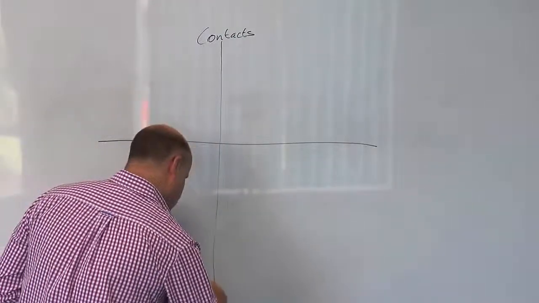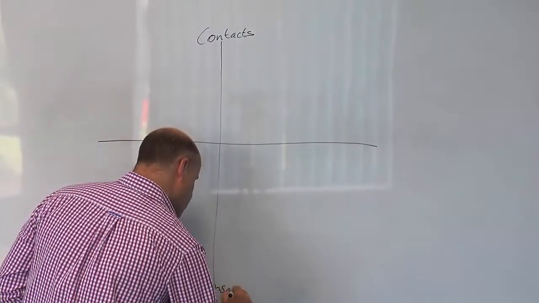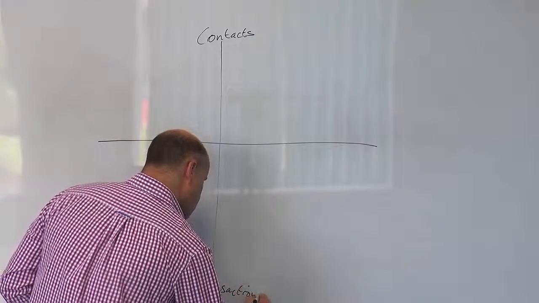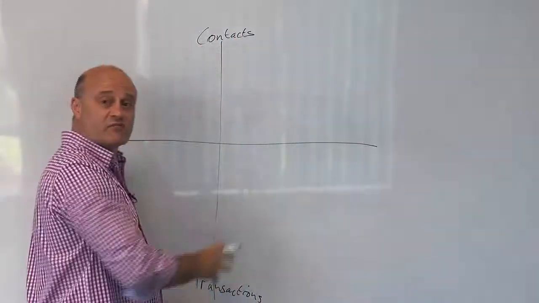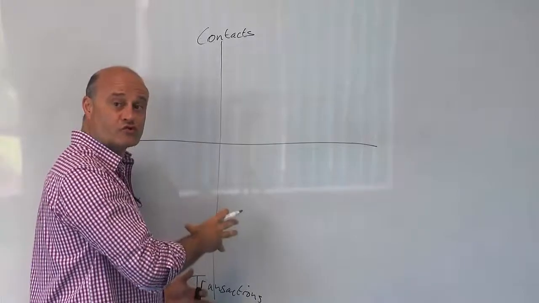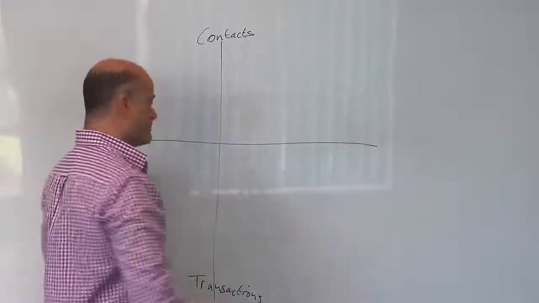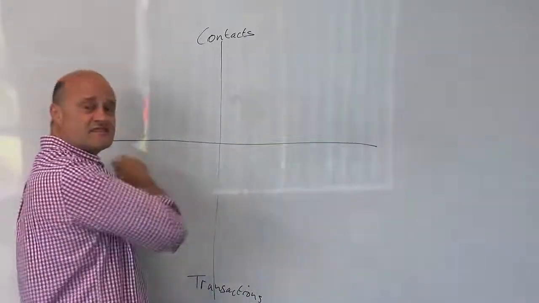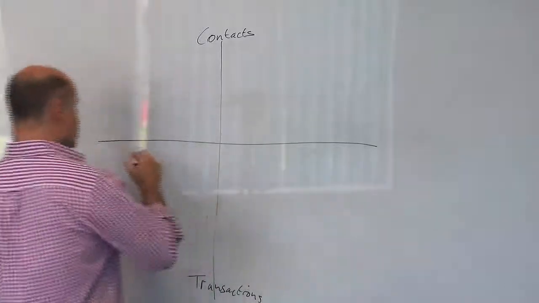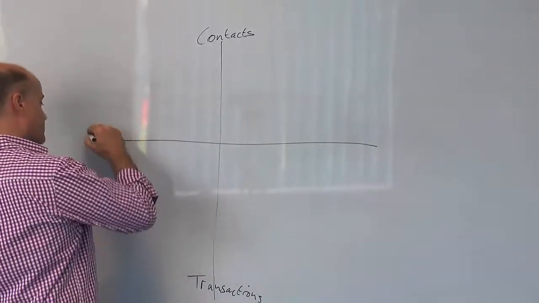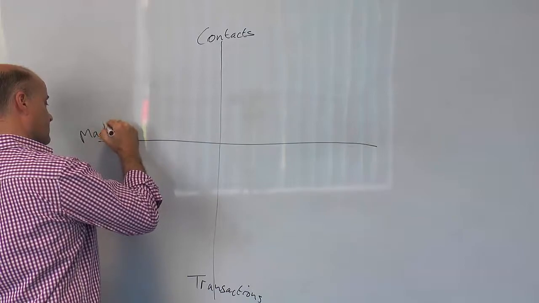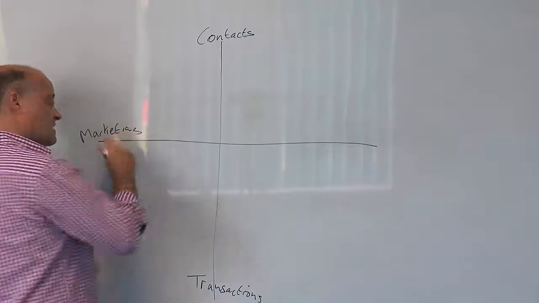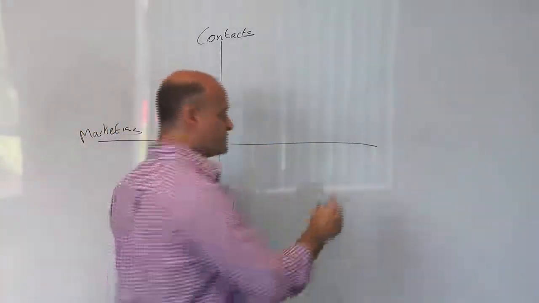And down the bottom here we've got transactions. Every interaction with my contacts I do want to record somewhere in my CRM. This axis here, let's call this the automation axis. On this side over here we've got marketing, and on this side over here we've got sales.